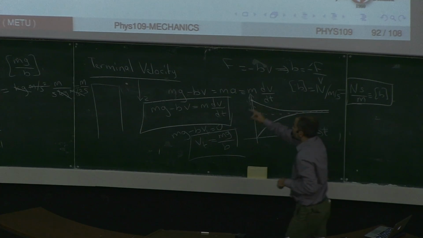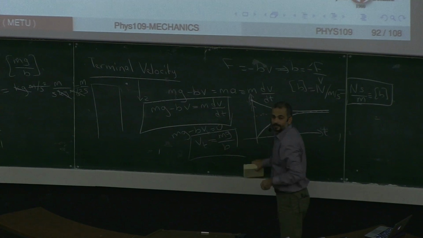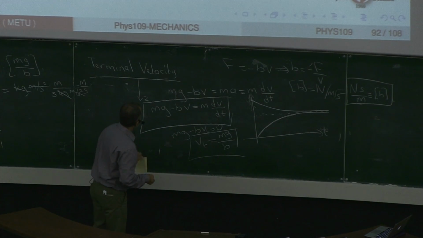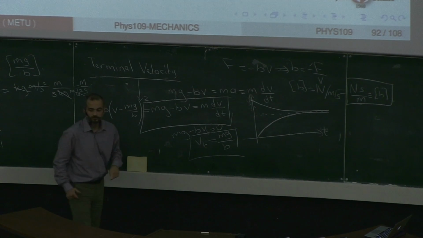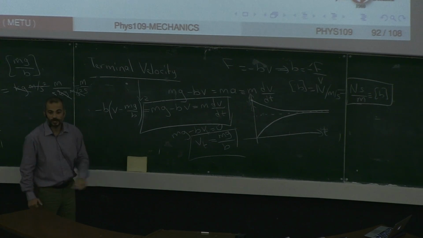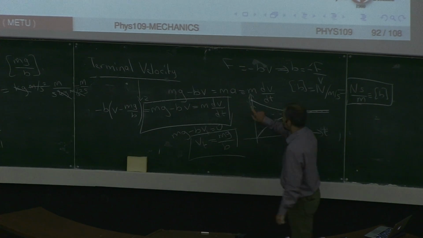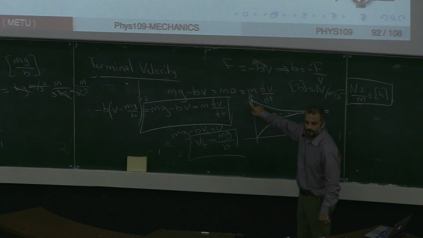Now, to see that, let me write this in another form. Let me take b into a parenthesis. This is equal to minus b, v minus mg over b. This is the net force acting on my object. I'm saying that initially, the speed is much larger than the terminal velocity.